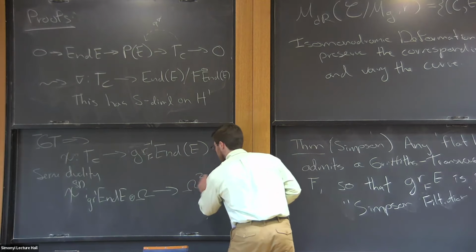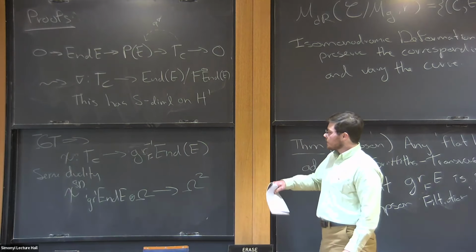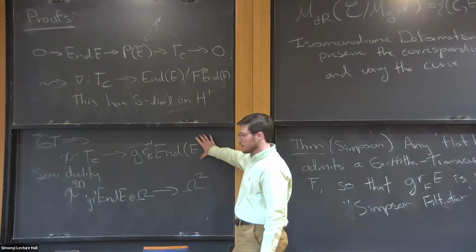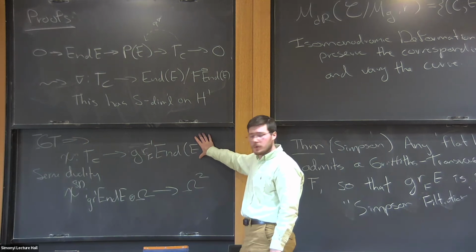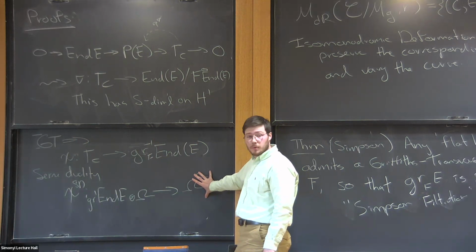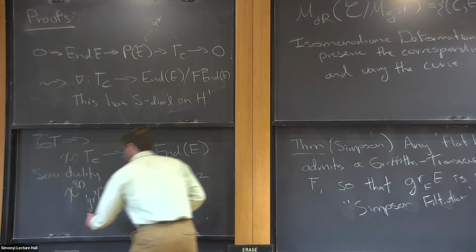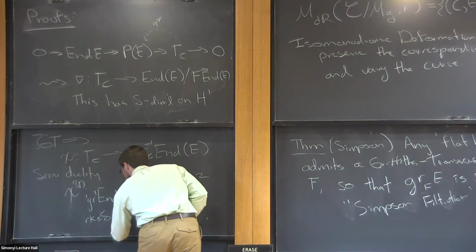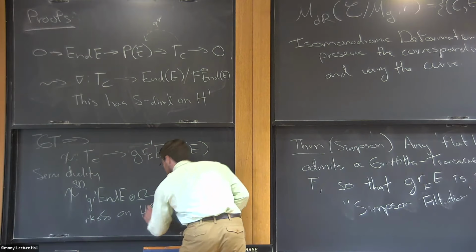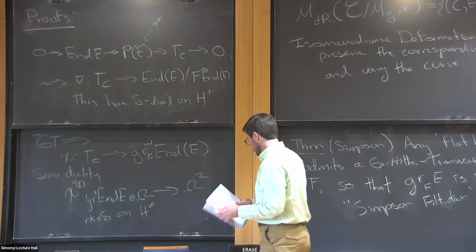Whereas this map, you can show that once I do this reduction, it still has the same rank on H1. This is going to have that same rank on H naught. So this is rank delta, really at most delta, on H naught.